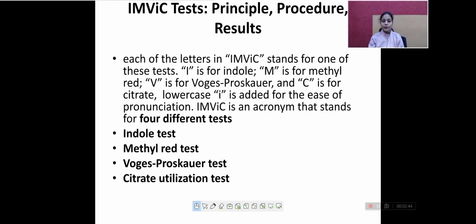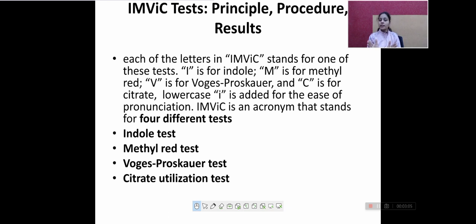So the principle of IMVIC test, each of the letters in IMVIC stands for one of these tests. I stands for indole. M is for methyl red, V is for Voges-Proskauer, and C is for citrate test.